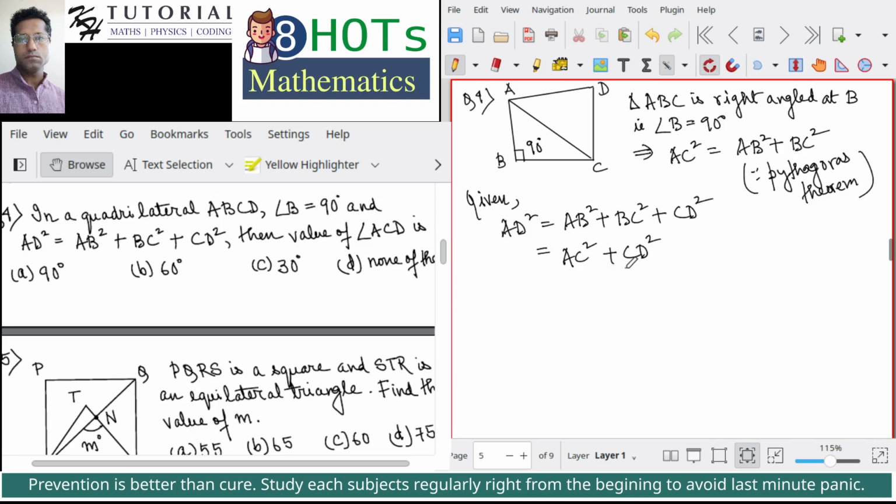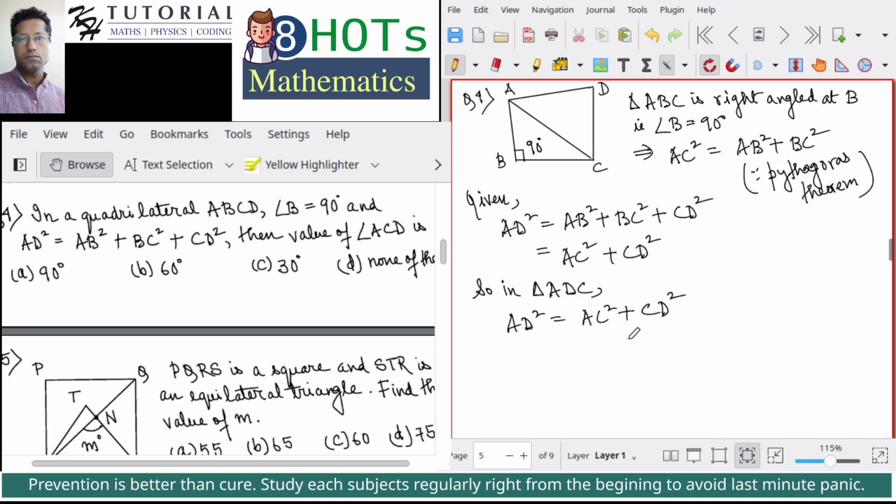So these AD, AC and CD are all sides of the triangle ADC. So in triangle ADC we have AD square is equal to AC square plus CD square.